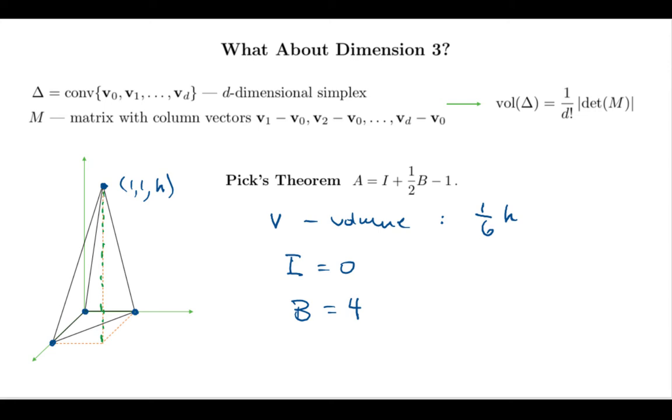And now you can see what goes wrong with the relation in Pick's theorem. I have constants over here, but I have a volume that depends on a parameter, and I can change this parameter freely. Even if h is an integer, I can make this volume as large as I want. And so a relation between 3 quantities, like in Pick's theorem, is too much to hope for.